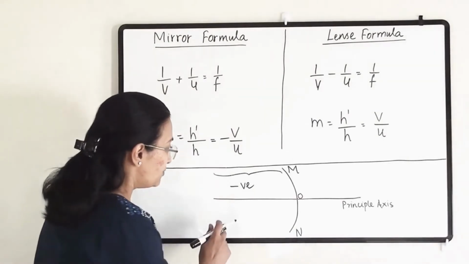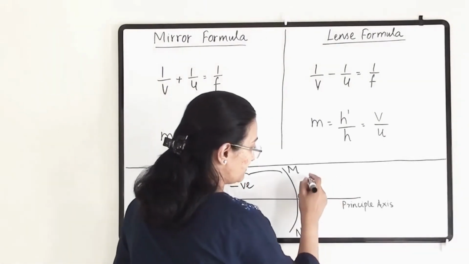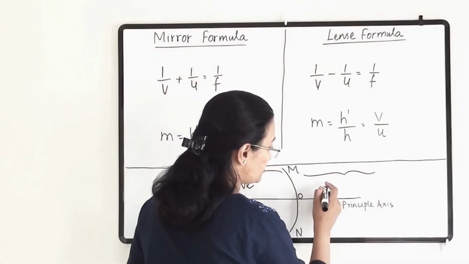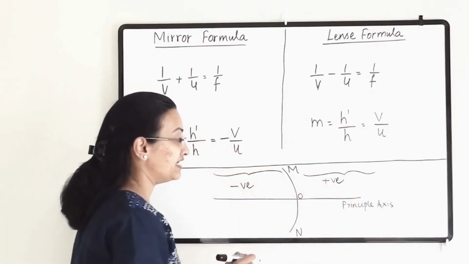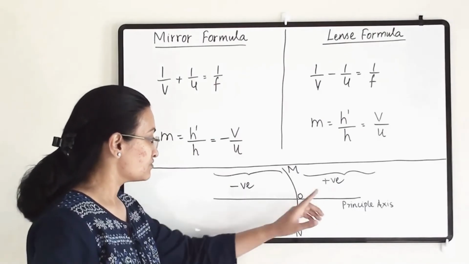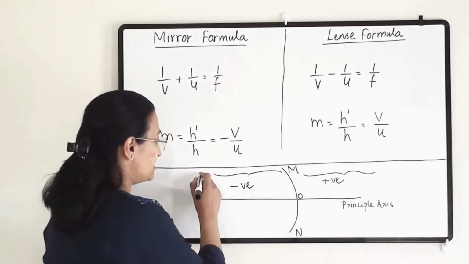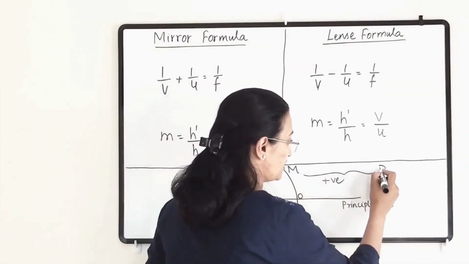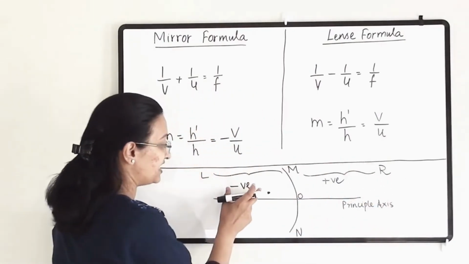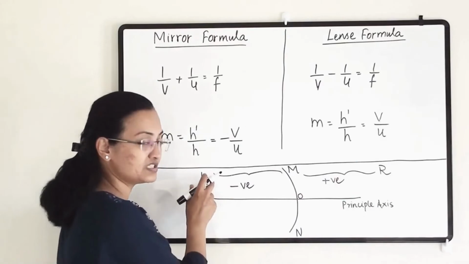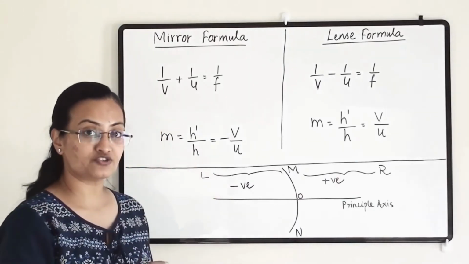Now, if we are getting a positive answer, then the image or the object both are lying over here. So this is towards the left side and this is towards the right side. So if a positive answer is there, that means they are towards the right side. If a negative answer is there, that means they are towards the left side, for the distance of image and for the distance of object.